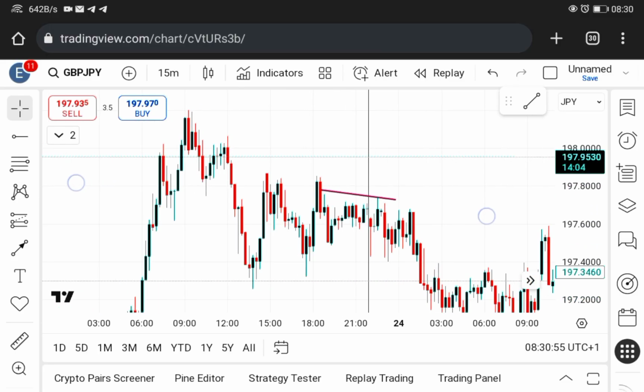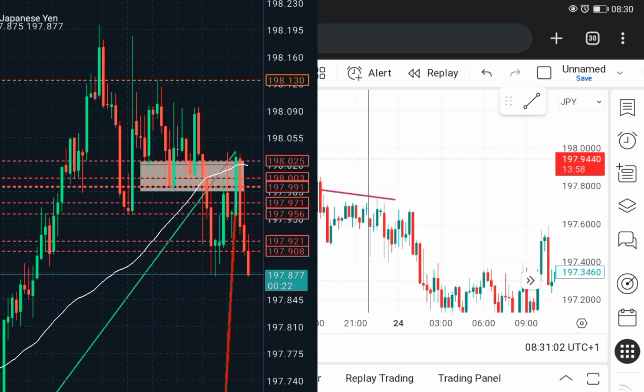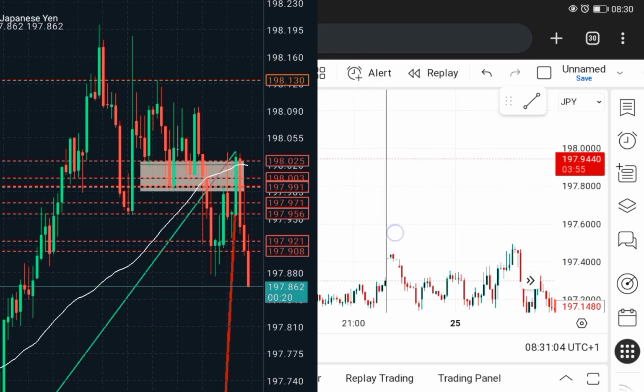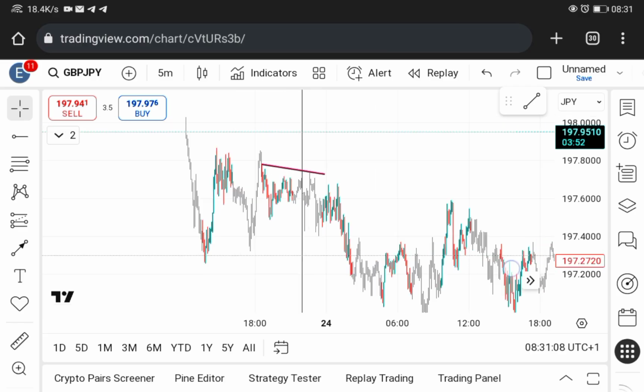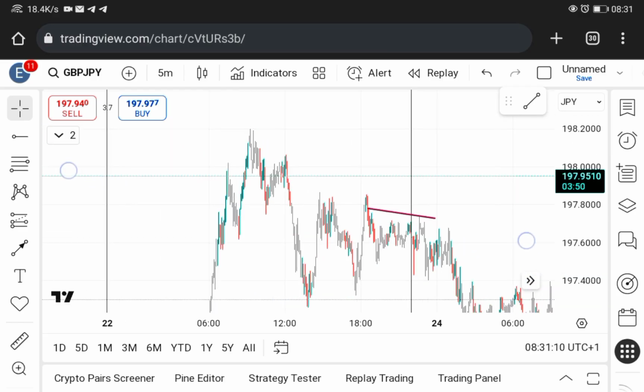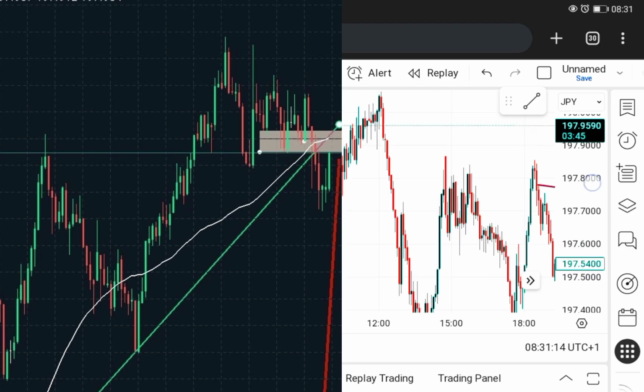This is my M15, but this trade was taken using M5 and a trend line. That is why you learn in this market, so that you know when to do something quickly.